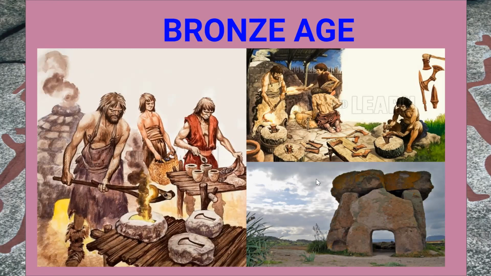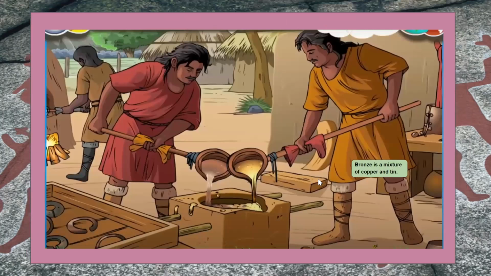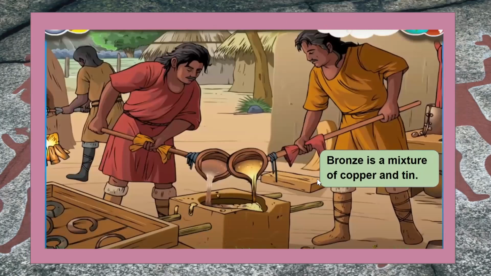It began 3000 BC in Mesopotamia and China, and around 2300 BC in Europe. It was the time when people first started using metal bronze. Bronze is a mixture of copper and tin.